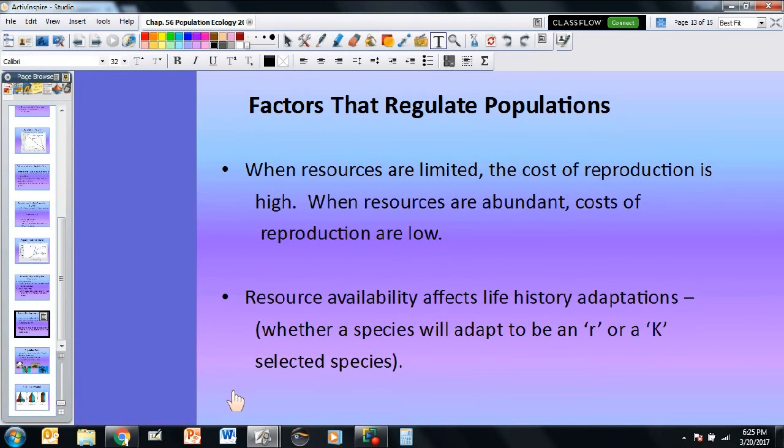If the resources are limited and the adults have to spend a lot of physical energy to make the offspring or to care for it, fewer offspring are made. In reverse, if resources are abundant, that energy cost is low and more babies are made. How those resources are available will affect what is called a life history adaptation, whether a species is an R or a K selected species.